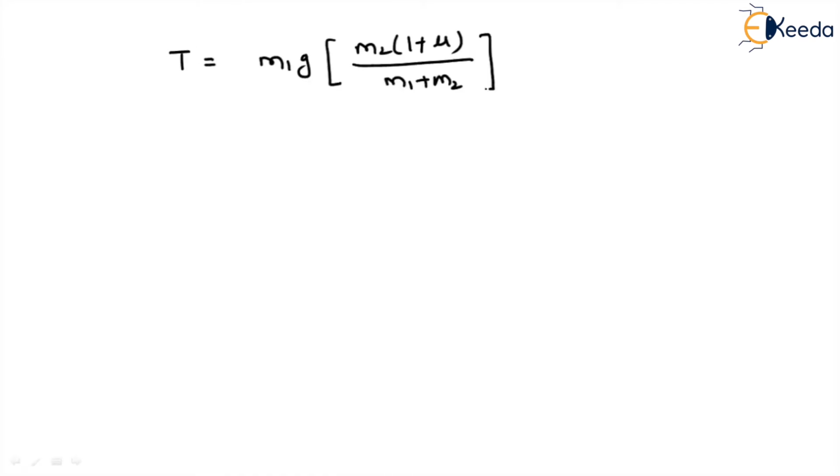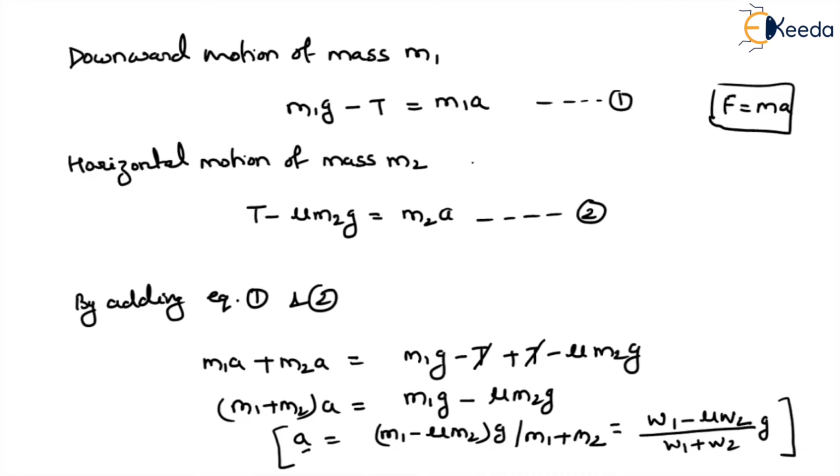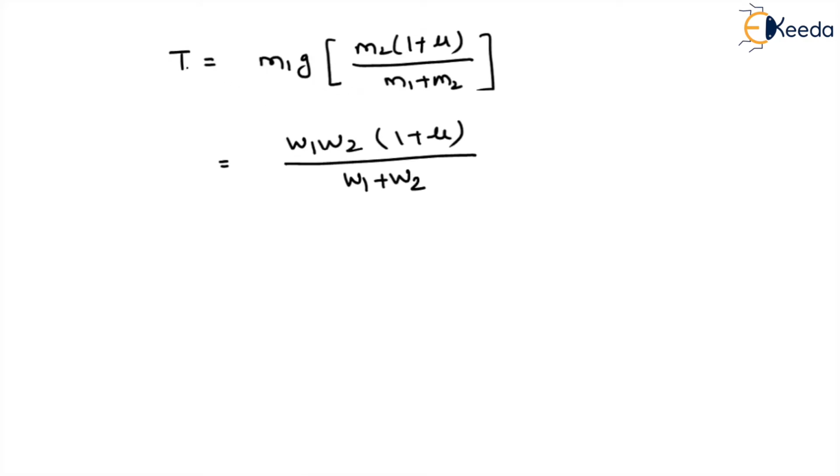So we will get the final term for T. When we substitute the value of A, we get the value of T, that is, in terms of masses, M1 M2 G into (1 plus mu) divided by (M1 plus M2), and in terms of weight, it will be W1 W2 (1 plus mu) by (W1 plus W2). So this equation we will consider for the tension.